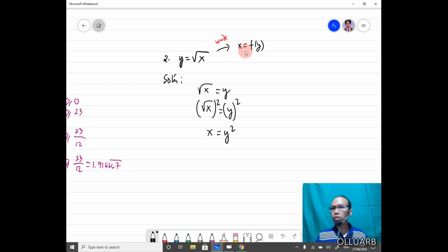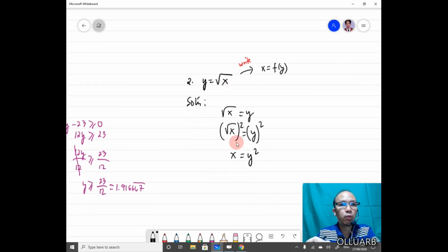So as you have noticed here, you will be tempted to conclude that the range is the set of real numbers. As you can see in the step, we write the equation here as x in terms of y.